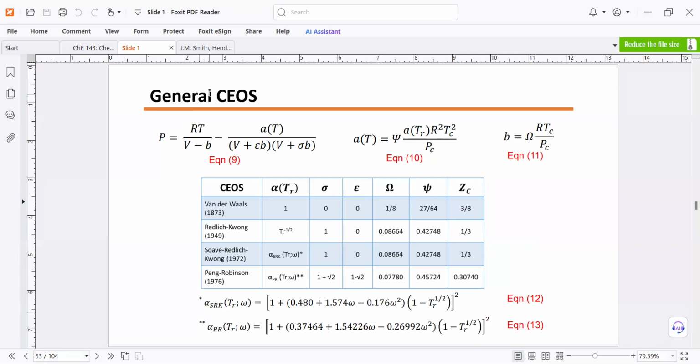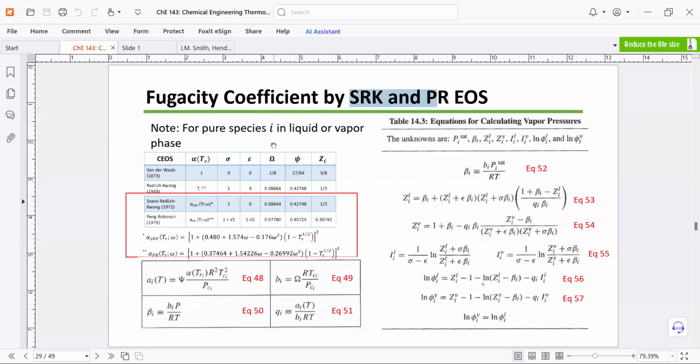In the past, in Che 142, it's very straightforward. We're just given a substance, a species, and then the temperature and the pressure, and we're able to solve all of these parameters to solve for the compressibility factor. But now, since we're dealing with vapor-liquid equilibrium, there are two phases, and not just that, we have multiple species.